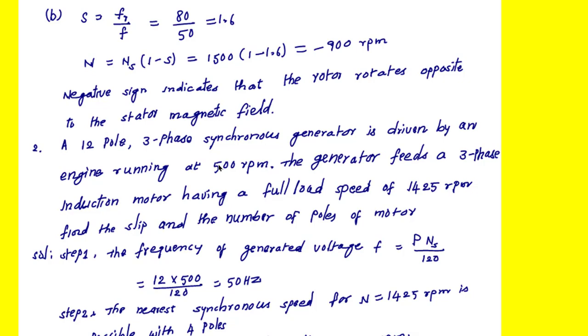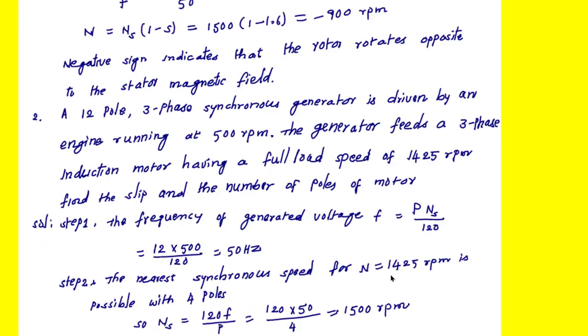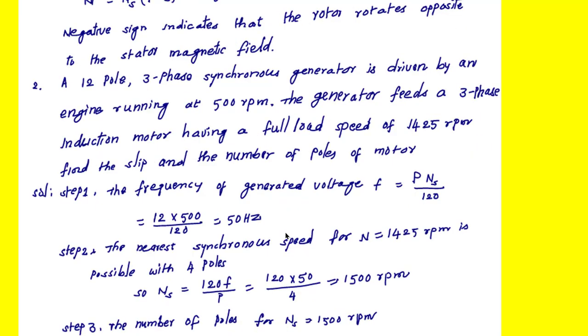So we write synchronous speed is 500, and P into Ns divided by 120. The number of poles on the synchronous generator is given as 12 and the speed is given as 500. So dividing by 120 gives us the frequency of the generated EMF, that is 50 Hz. From this onwards the actual problem starts.